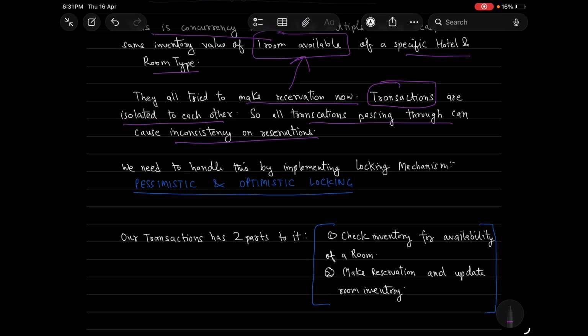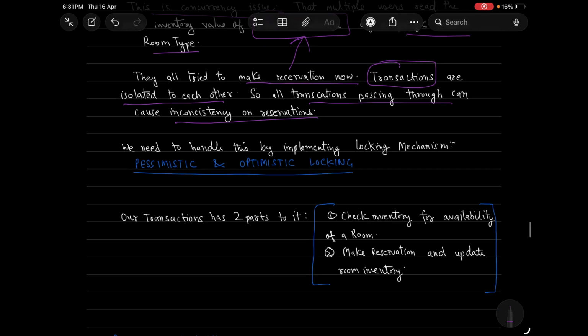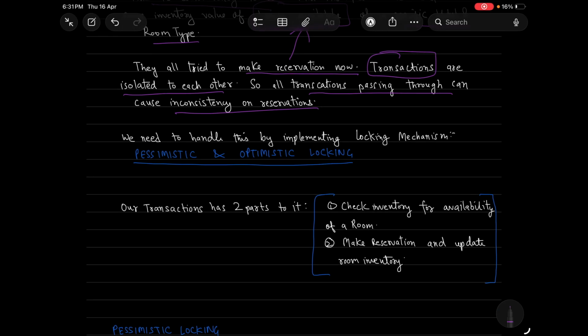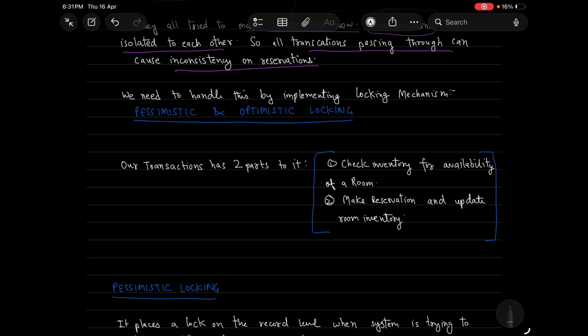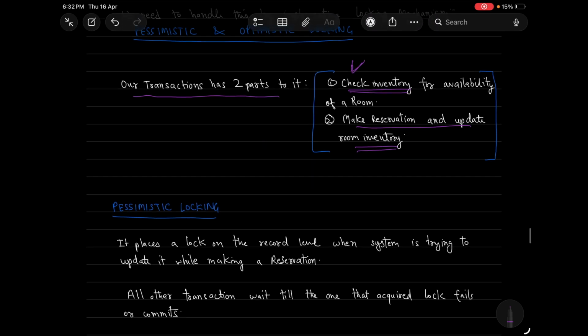We need to handle this by implementing locking mechanisms. We can have pessimistic and optimistic locking, and the transaction has two parts to it. Firstly, check the inventory for availability of a room. Second, if there is availability, then make the reservation and update the room inventory. So there are two flows to this.